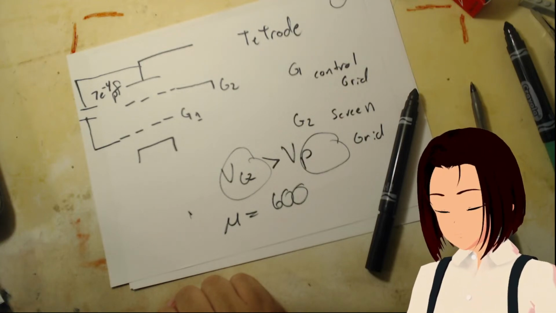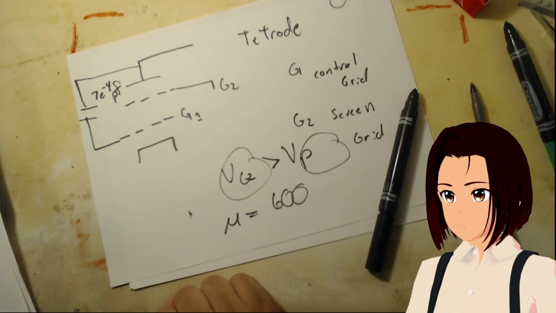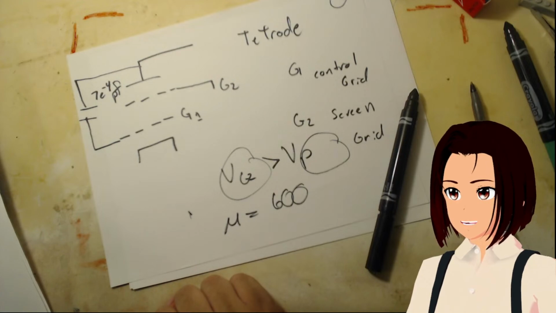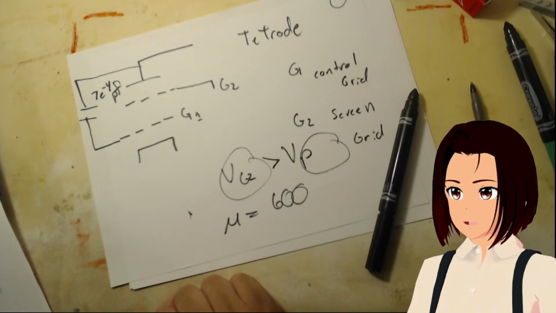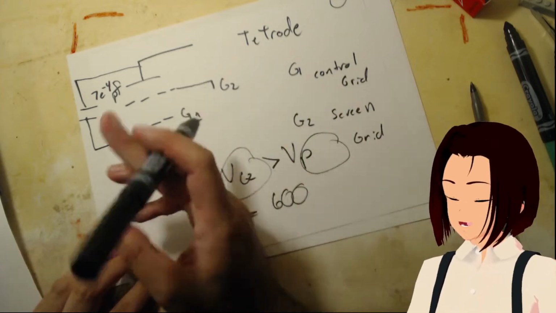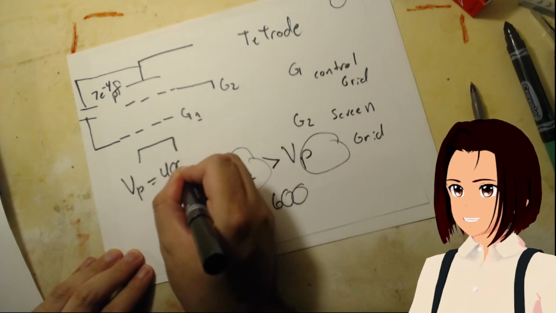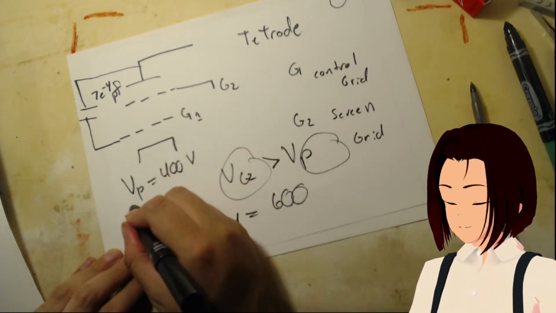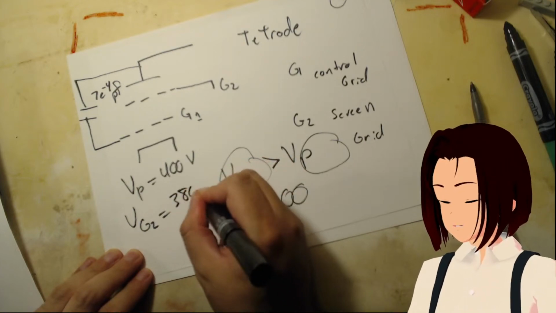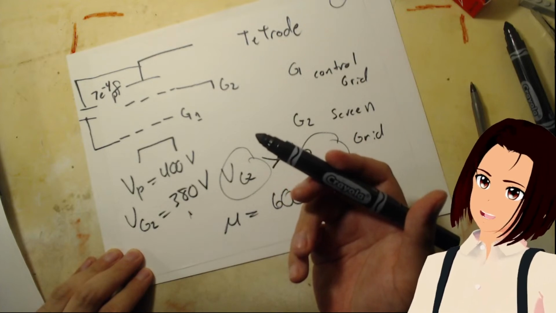So one of the issues is that some electrons will still want to go to the screen grid. Let's say that the voltage of the plate is 400 volts, and the screen grid is 380. That's still pretty high.